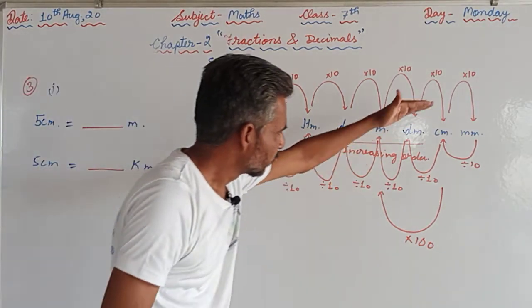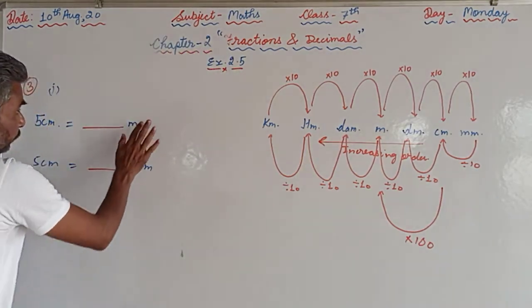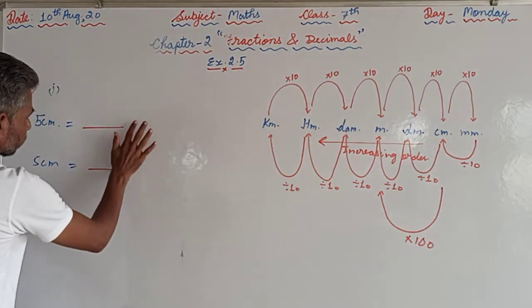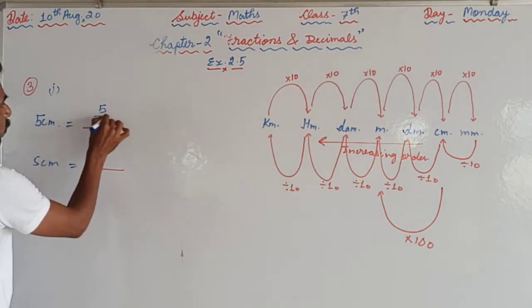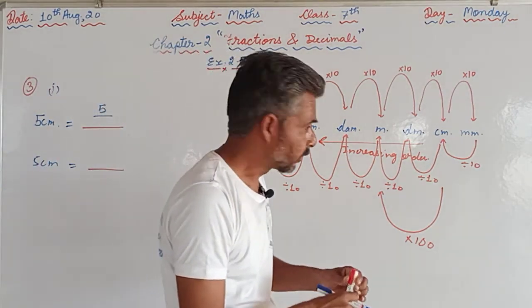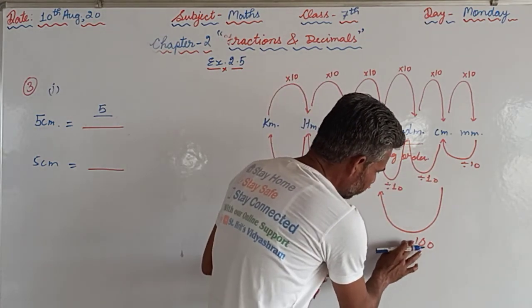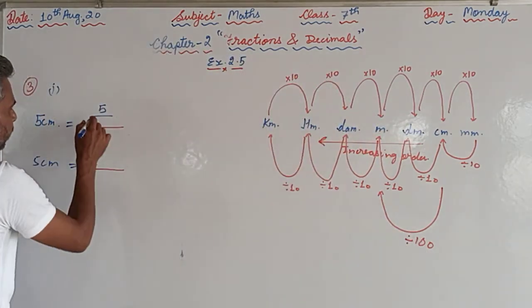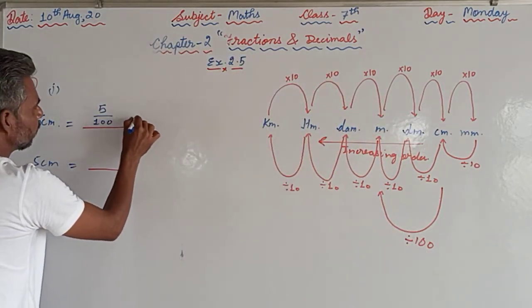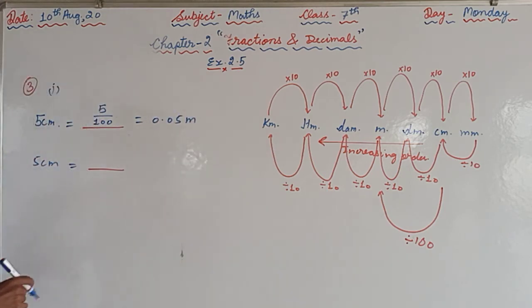Why? Because going in the downward direction, I told you, we are supposed to divide. So 5 centimeters into meters, by which number do we have to divide? 10 into 10, so we divide by 100, and we will get 0.05 meter.